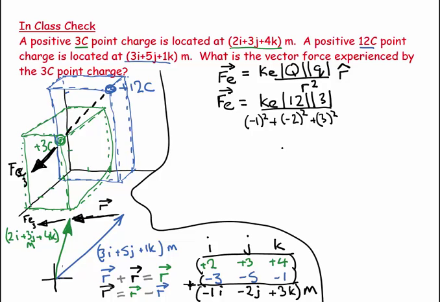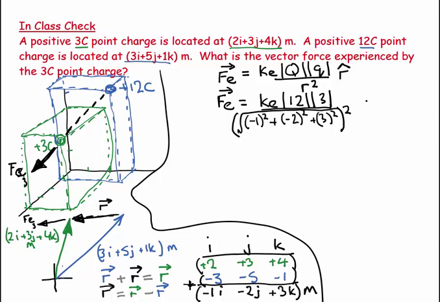That's almost the magnitude. I've got to square root that because the square root of a squared plus b squared plus c squared equals d squared in 3 dimensions. But I can't forget that this is r squared. This is r, the magnitude of this vector r, and we get it by taking the square root of each coefficient squared. But if I want r squared, I've got to square that.